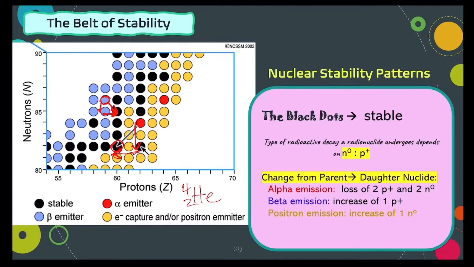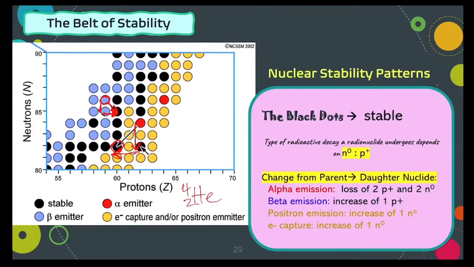A positron emission, as well as an electron capture, is likely to occur when there is an excess number of protons. So to reduce the number of protons, the radionuclide will either absorb an electron from the electron cloud, or it will release a positron to change the proton into a neutron.